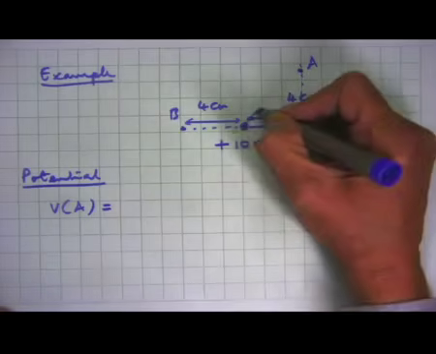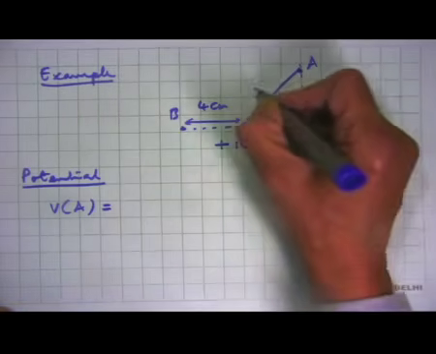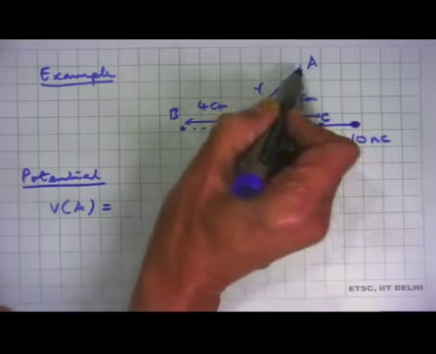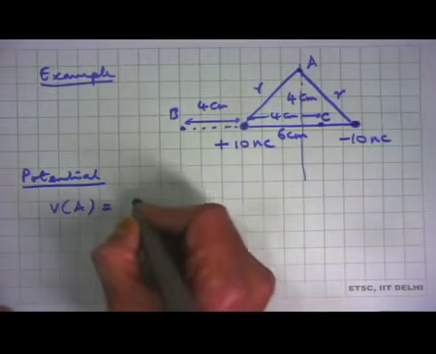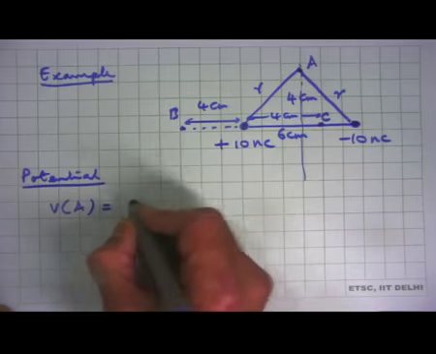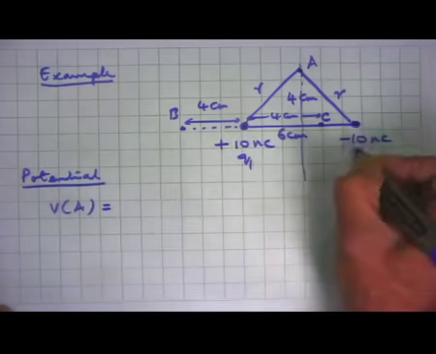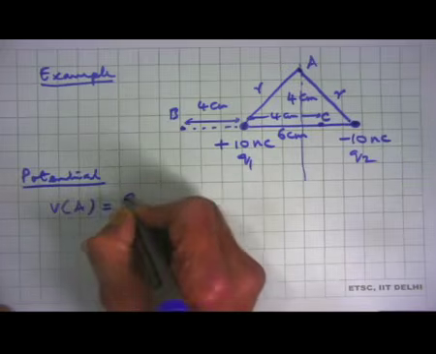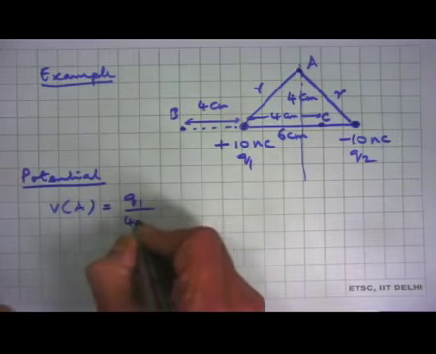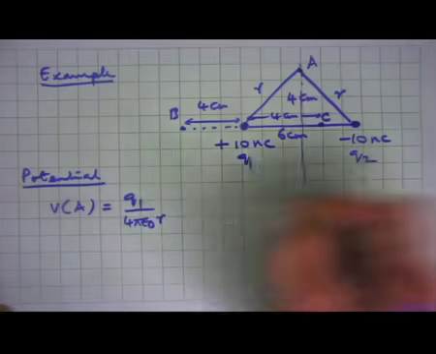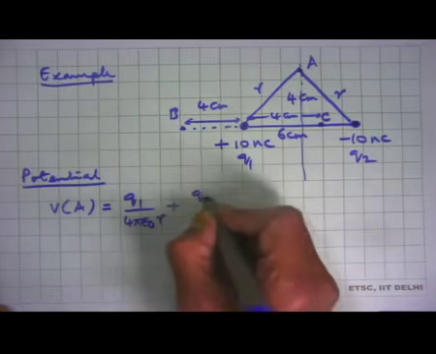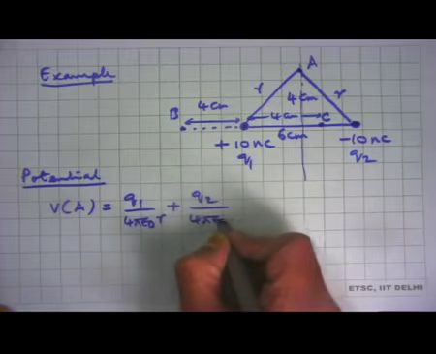So, what is this distance? If this is r, because I am taking A on the equatorial plane, this distance is also r. So, potential at A is, let me call this q1 and q2, q1 by 4 pi epsilon 0 r, plus q2 by 4 pi epsilon 0 r.